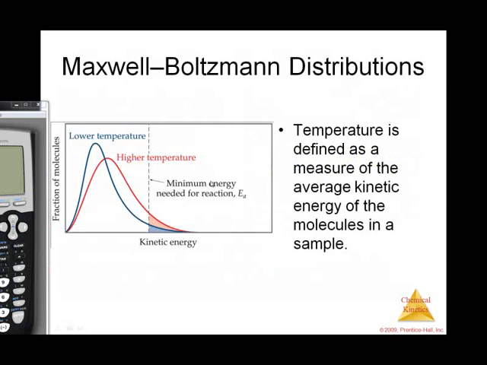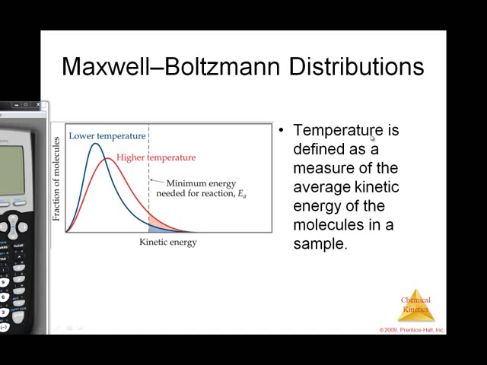Okay, so what's happening is, this is called the Maxwell-Boltzmann distribution. If you take a sample of some molecule or atom or solution, what you'll find is that they don't all have the same speed. There'll be some distribution of speed that has some with very low energy and some with higher energy, but most of them are at this average energy, right?